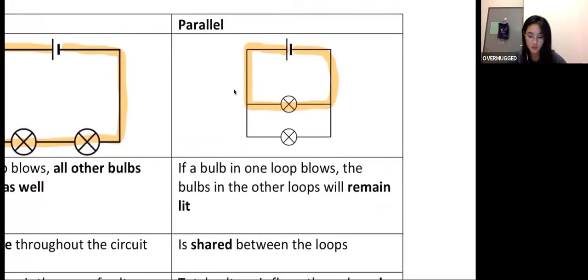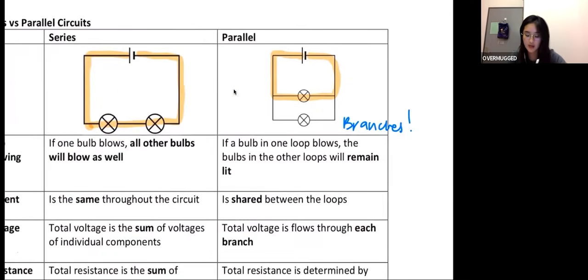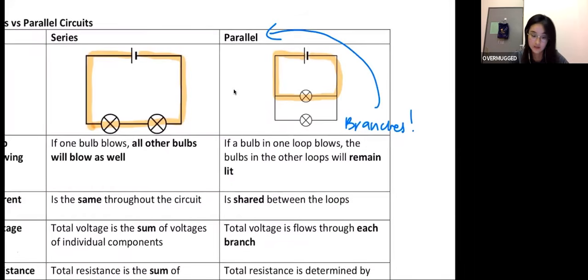There were branches, there was stuff outside of the main wire. So as long as we have branches, we consider it a parallel circuit. It doesn't matter if it's 1 branch, 2 branches, 3 branches, 4 branches. As long as when you trace your current you realize you couldn't trace everything in one go, it means it is a parallel circuit.